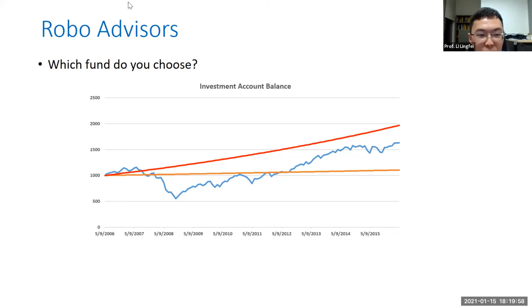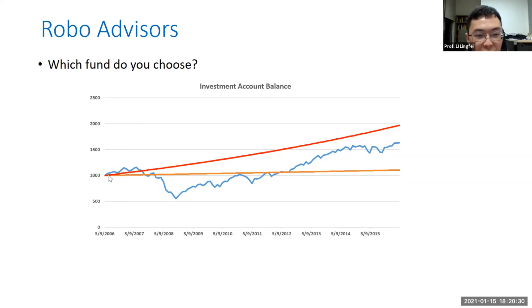Let's suppose you invest $1,000 at the beginning, so your investment balance in each of these 3 funds is $1,000. We look at the performance of these funds over a period of, I think, 10 years. We have the red one, the blue one, and the orange one.